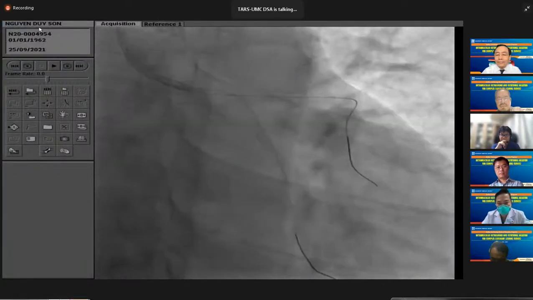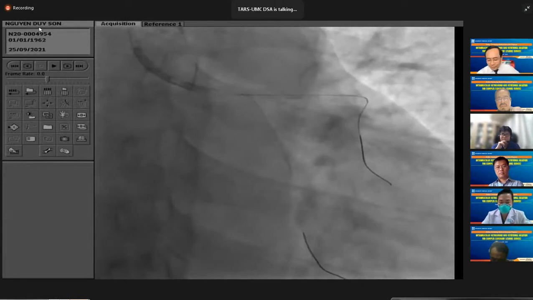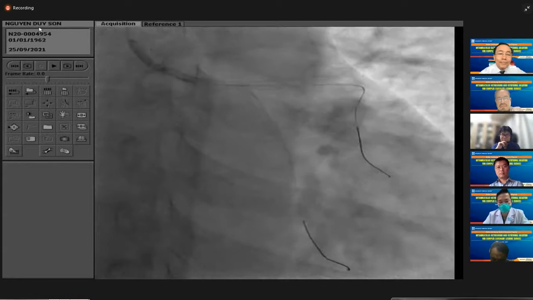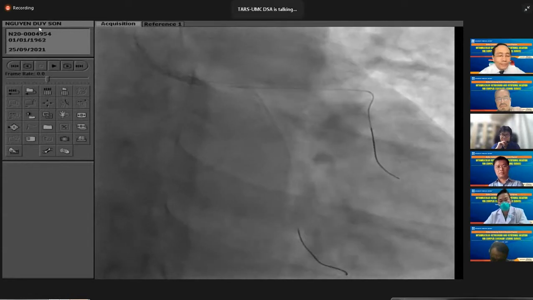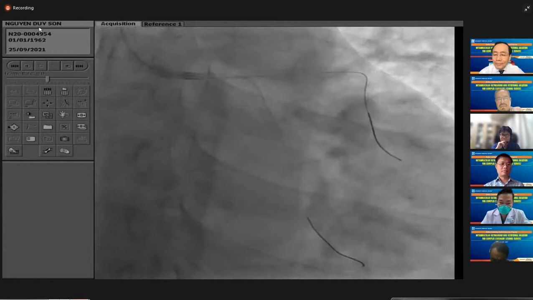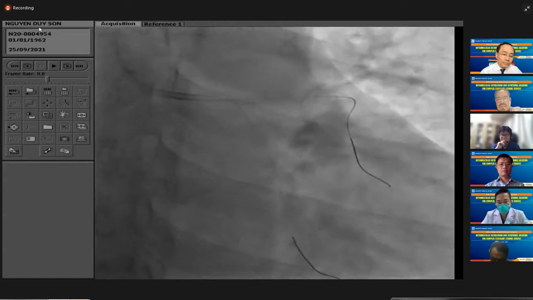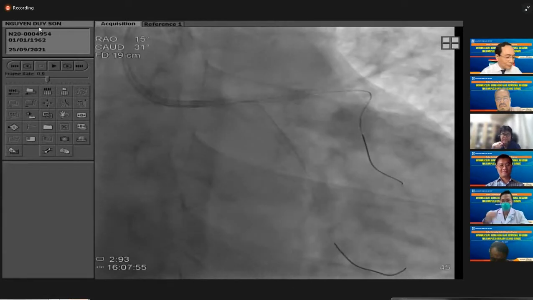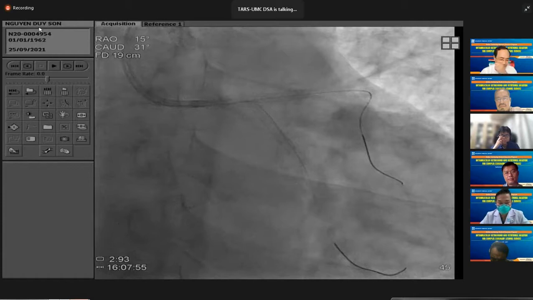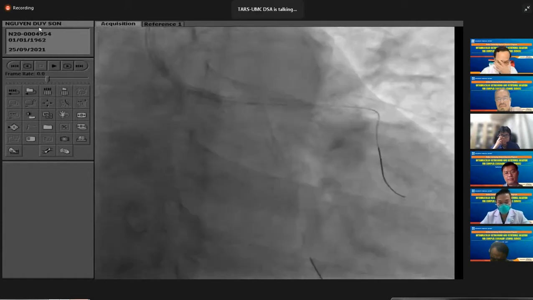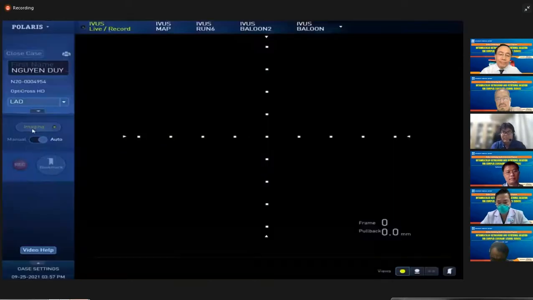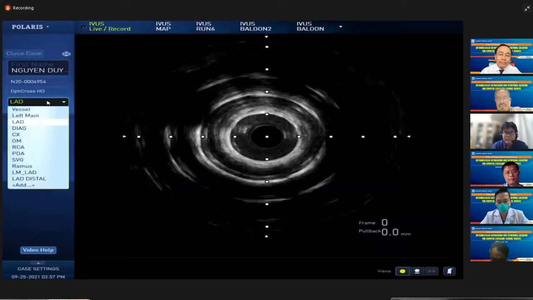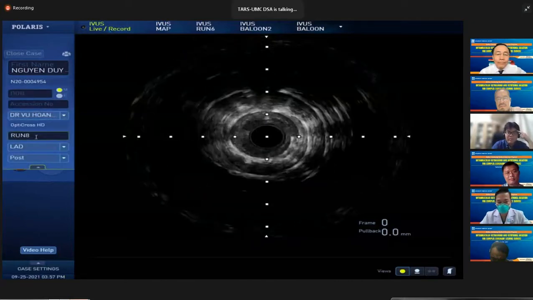So I will check the IVUS and please show us. Okay, take IVUS. Normally for the re-cross, the procedure will take about 90 minutes. So maybe in this case we take over 90 minutes. Let IVUS lead to check the wire for the strut. Is it in the proximal strut or distal strut? Okay, start pullback, please.